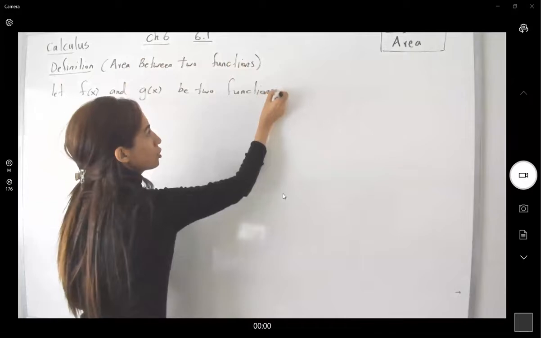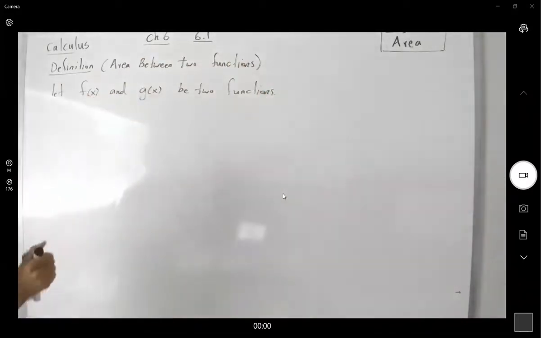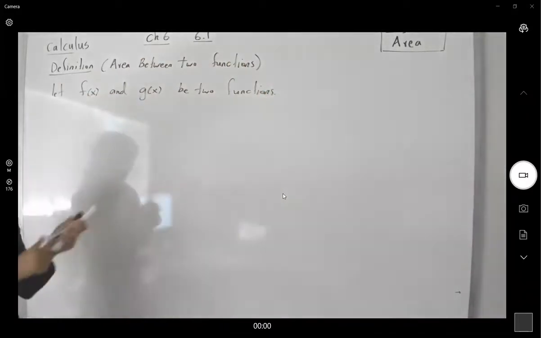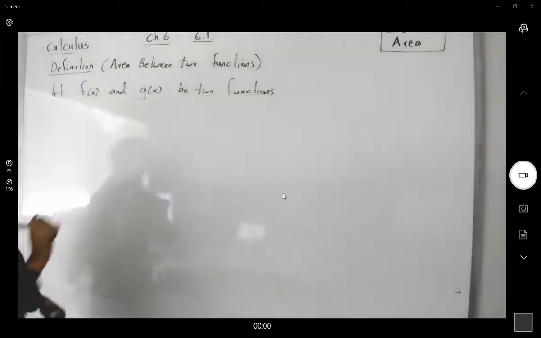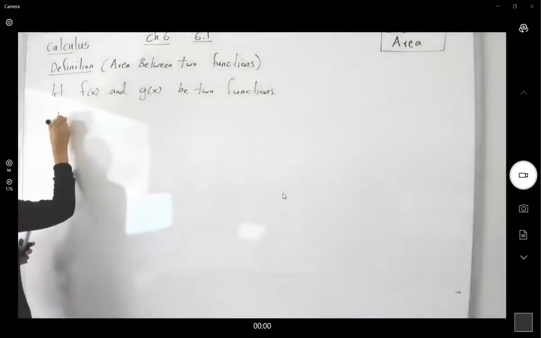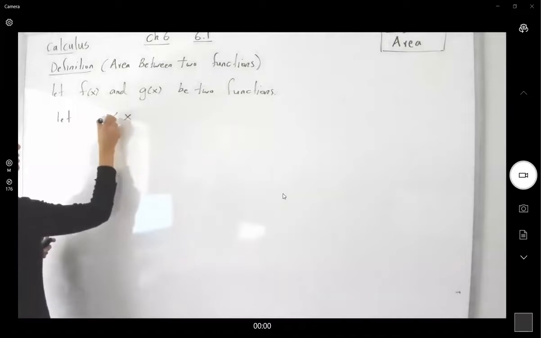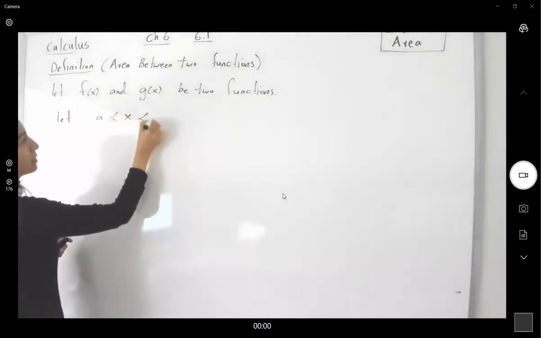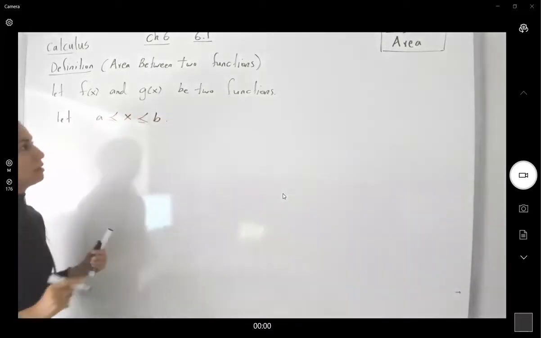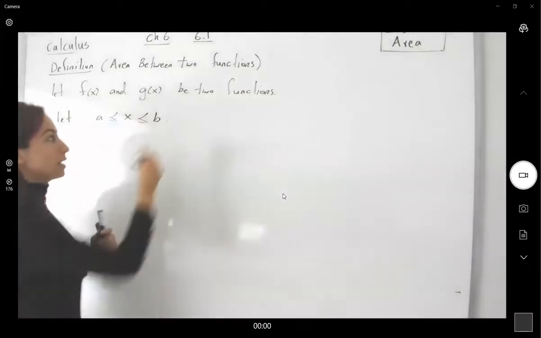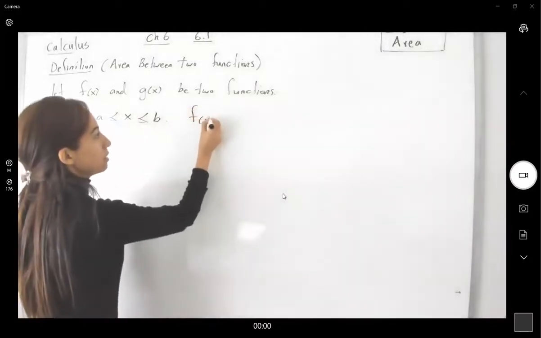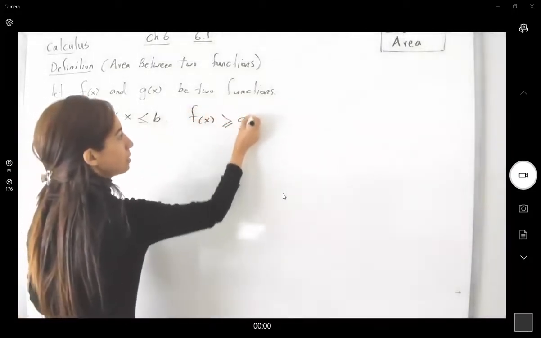We have two functions in the xy plane, and let x be bounded between a and b. And for the sake of this definition, suppose f of x is greater than g of x.